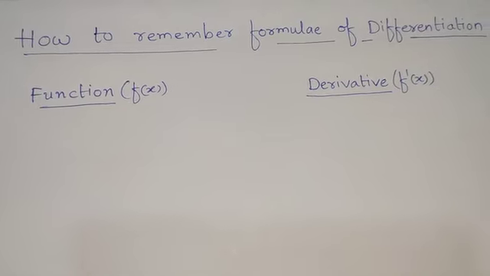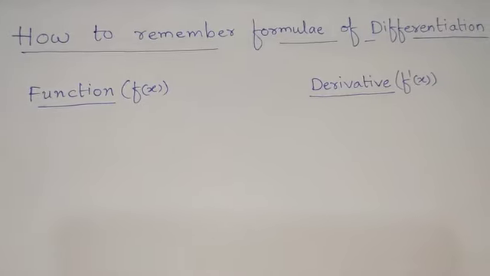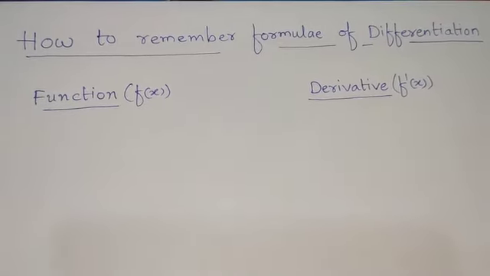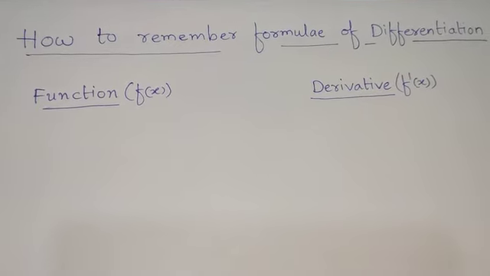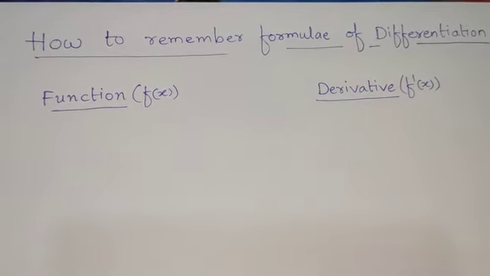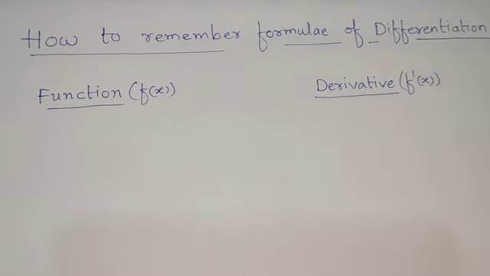Suppose the function is f(x), its derivative is f dash x. Now basically the simplest of the function is a constant. Suppose I want to find the derivative of 1, 10, 120, 99, 100, 1 by 2, 3 by 2, any number.